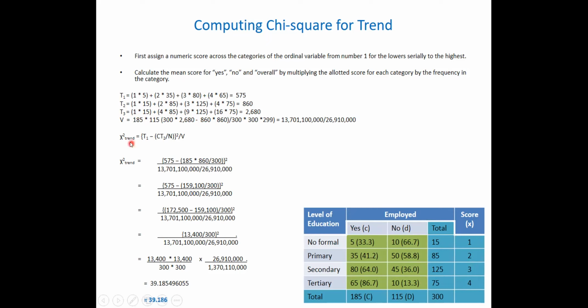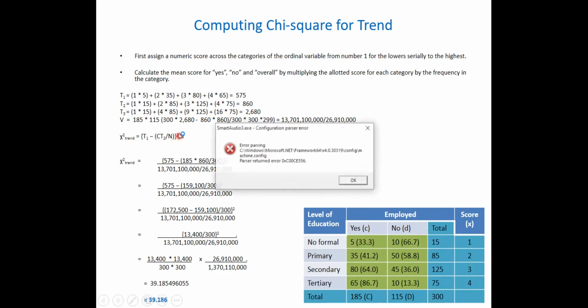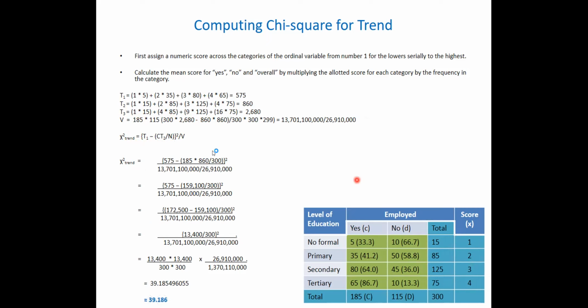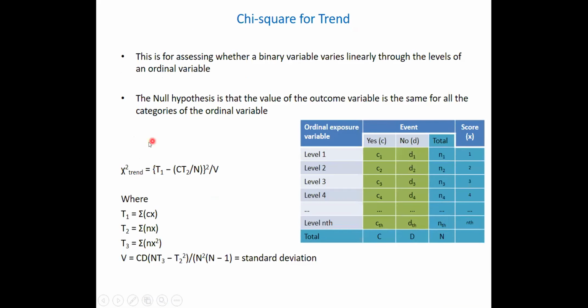Maybe I should have started with the formula. The formula for the trend is (T1 minus T2 over N) all squared, all over V. Let me come here so you see what it means. T1 is the sigma of the yes times the score.